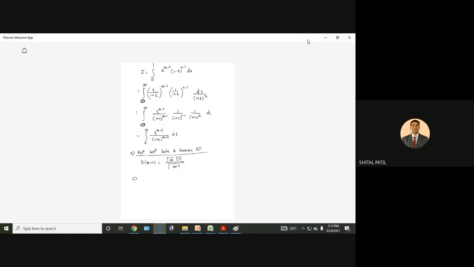Last, the duplication formula: gamma m, gamma m plus half, gamma 2m. That's all. This is what you have to remember about the beta function.